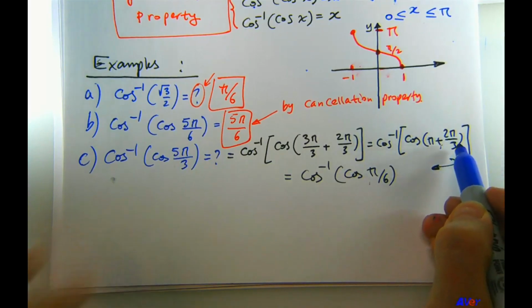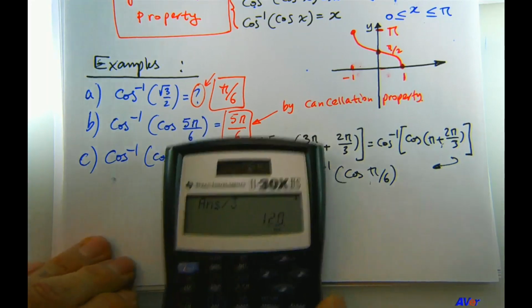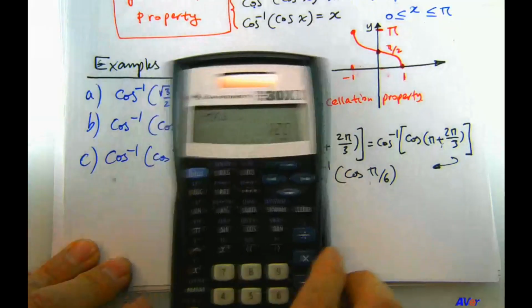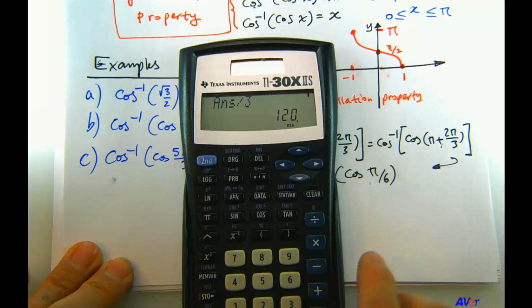That 2 pi over 3. One second for me to get my calculator here. Okay. So 2 times 180 divided by 3, so that's 120 degrees. So we want to take the cosine of that.